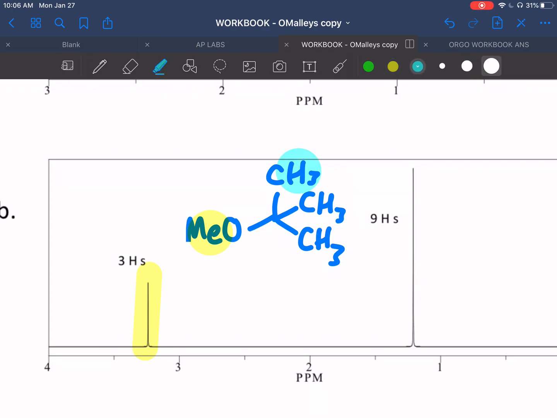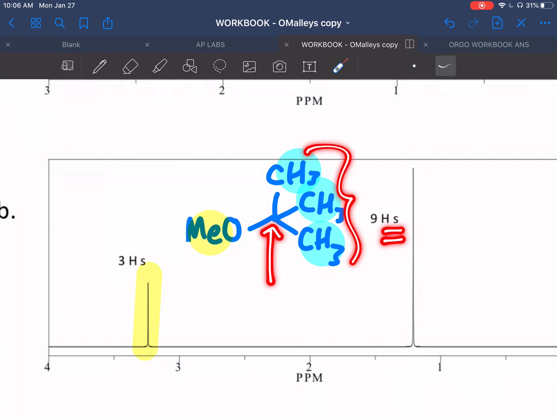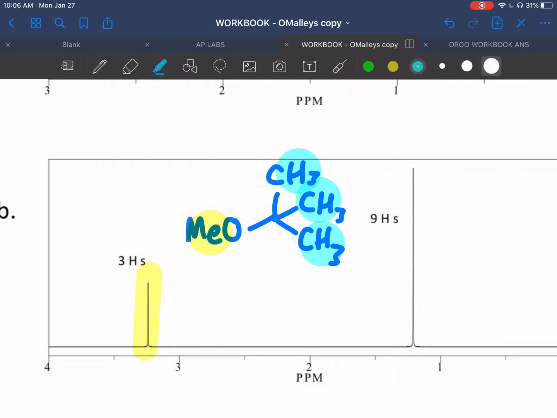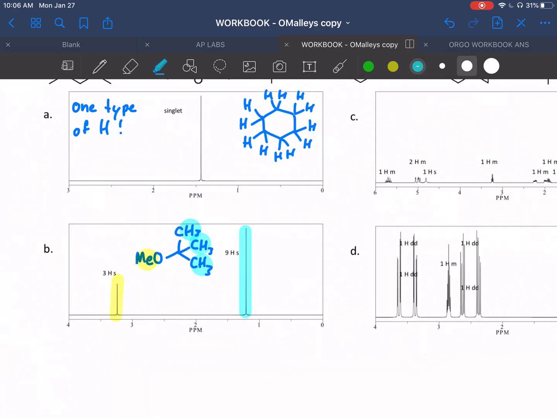Whereas these methyls on the tert-butyl group, notice they have no neighbors because that's the adjacent carbon, so it makes sense that it's a singlet. They're all in the same environment, so I get a 9 hydrogen signal, and it's fairly shielded. It's down in the alkyl region, so we would see just one signal on the right.